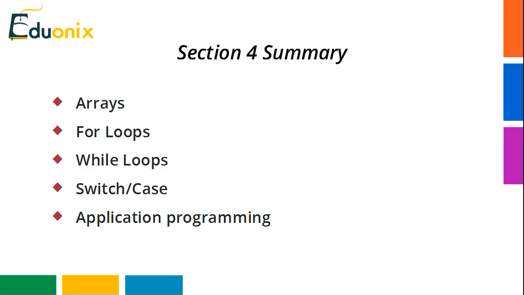We went on to talk about while loops and do while loops. The difference between the two is that do while loops will always execute their code at least once, even if the condition they are testing for is not met, whereas while loops won't execute their code if the condition they are testing for is not met.